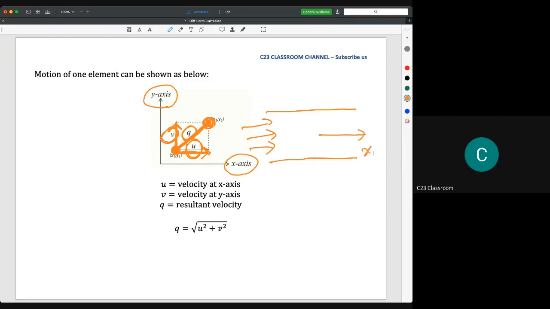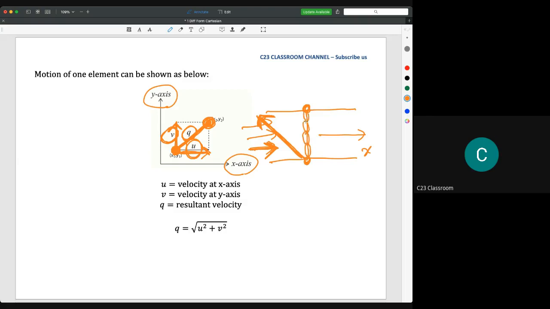If you want to go from this point to this point, what you should do is maneuver, make sure that your boat is moving in this direction, because your boat's velocity in this direction will interact with the velocity of the river in the x direction, and then your boat is actually moving in this direction.